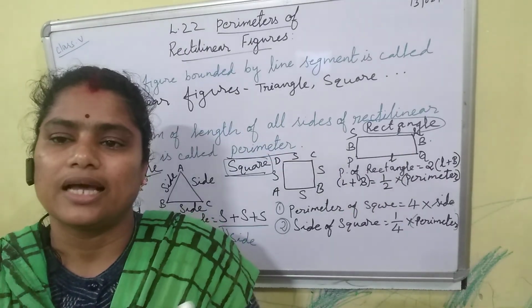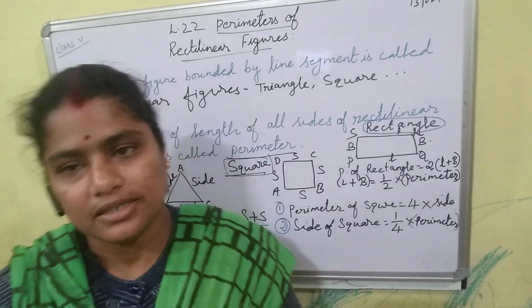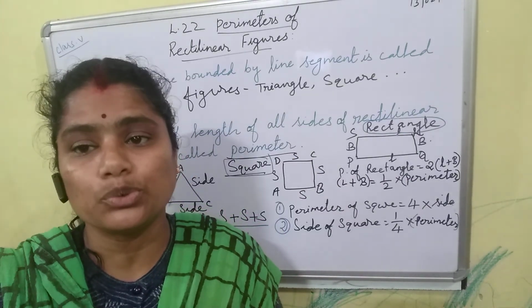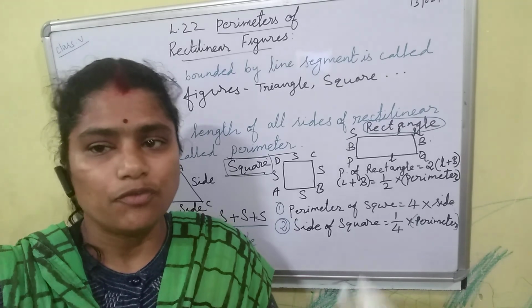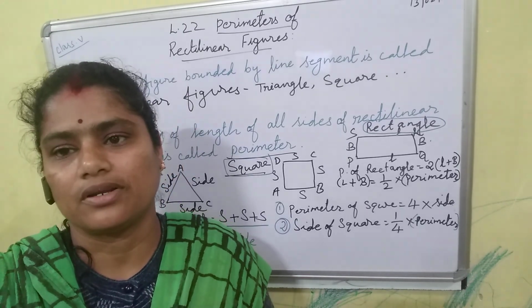Then the next one is rectangle. These are the 3 figures we are going to solve. If you learn these formulas properly, you can solve the next exercise 77. Thank you, children.